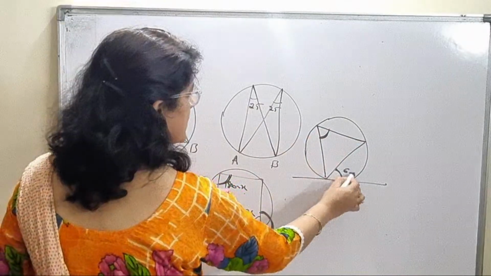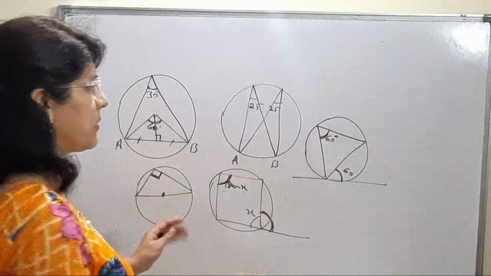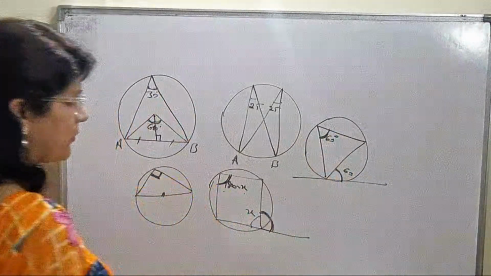If this is given as 60, then this should also be 60. You just need to write in the bracket alternate segment, a single word, alternate segment. Then the teacher will understand that you know the concept.